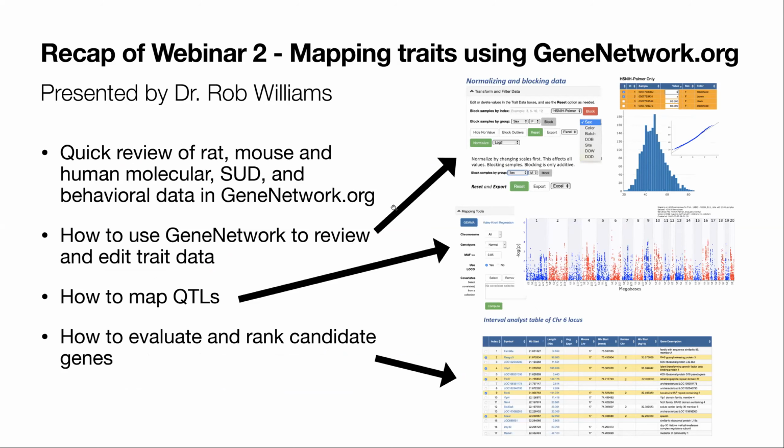He walked us through how we can take the phenotype data, do some initial preliminary looks at it, looking at normalization, blocking, and distribution, and then do the actual mapping of the QTLs right on GeneNetwork. He ended the presentation by observing what genes were physically located underneath these QTLs that were identified.